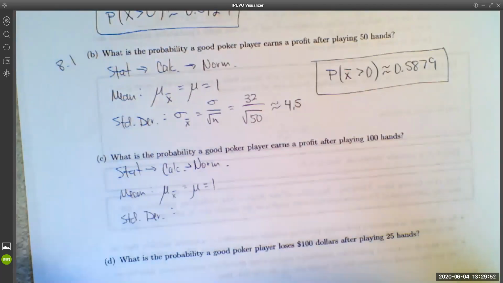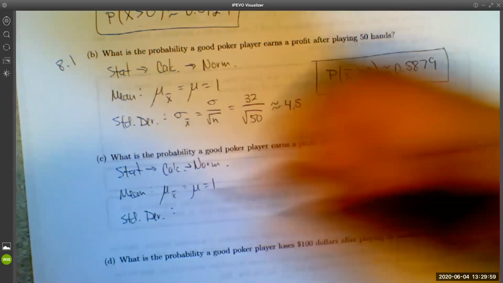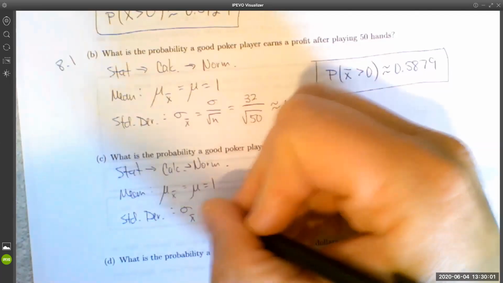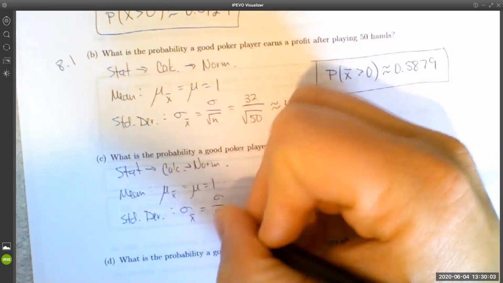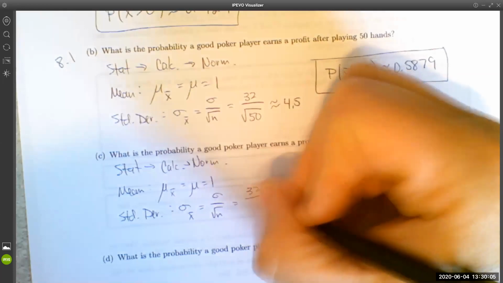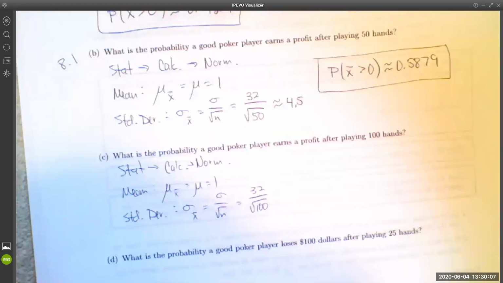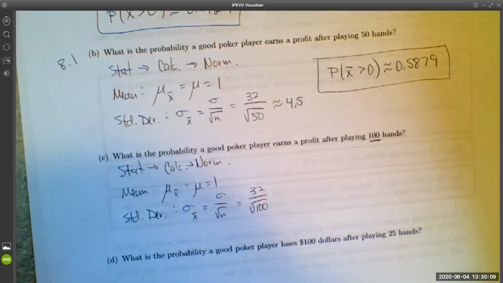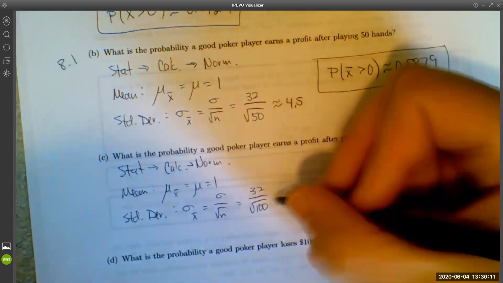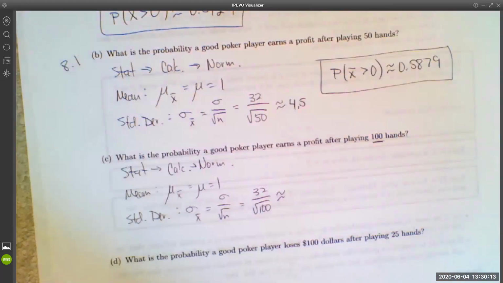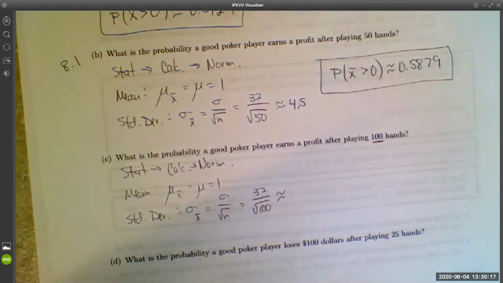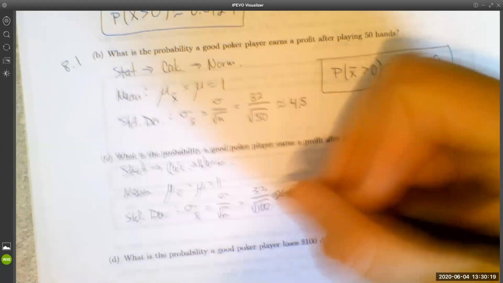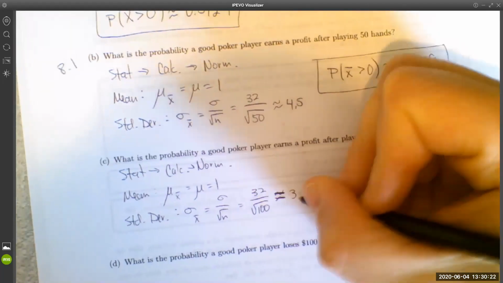See if you know what you should put in for the standard deviation here. Okay, so for the standard deviation, you should be putting in 32 divided by the square root of 100, because now we're talking about after 100 hands, right? 32 divided by square root of 100. Well, this is exactly 3.2, right? This is exactly, so not approximately, it's exactly equal to 3.2.